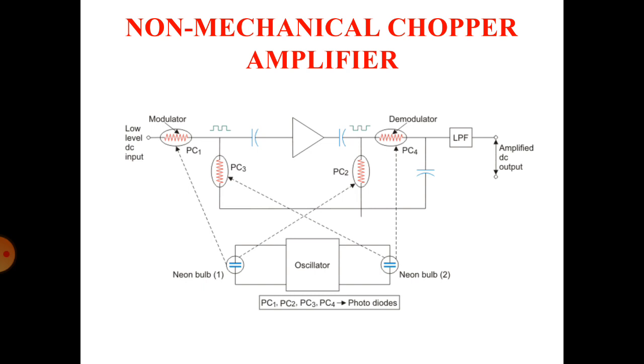Or else, if the switch is open or off, the diode will be reverse biased. Reverse bias means there will be an open circuit, and the current will not conduct in this circuit. So this is the operation of the chopper amplifier.